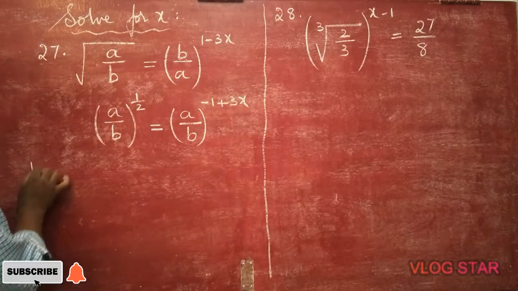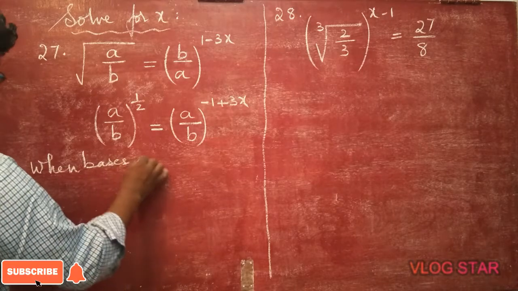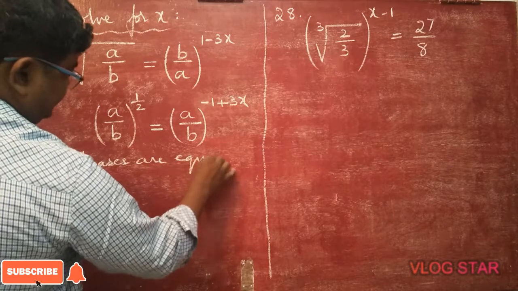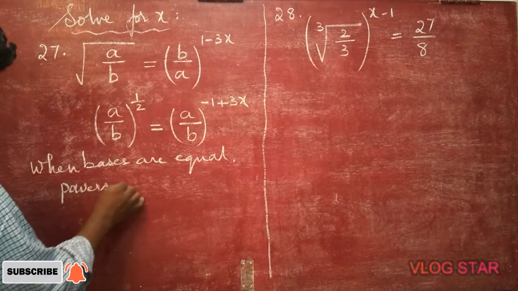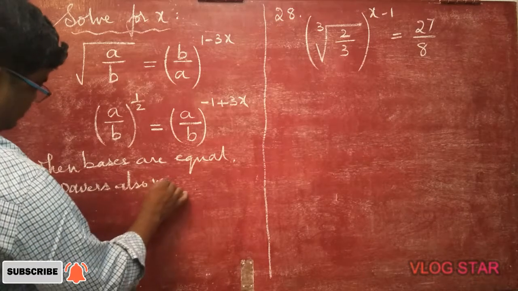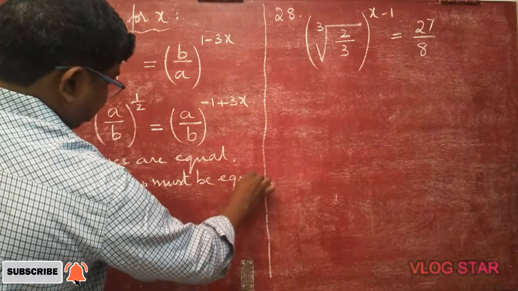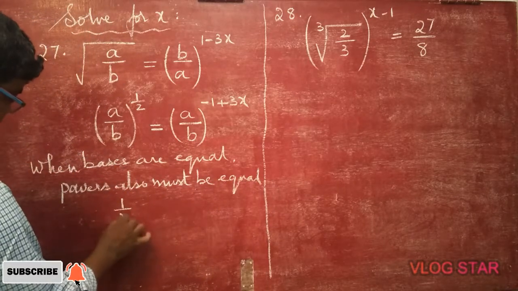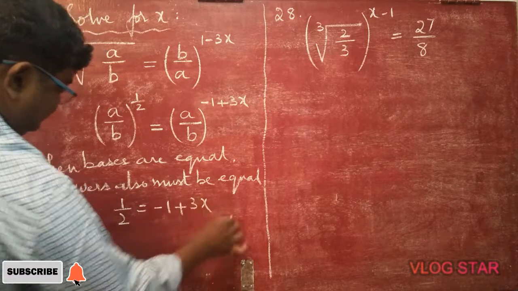Now again here, when bases are equal, powers also must be equal. So 1 by 2 is equal to minus 1 plus 3x.